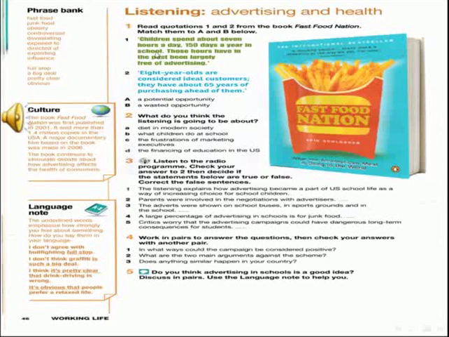Children spend about 7 hours a day, 150 days a year in school. Those hours have in the past been largely free of advertising. 2. 8-year-olds are considered ideal customers. They have about 65 years of purchasing ahead of them.